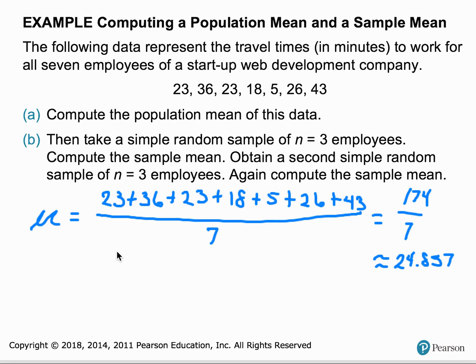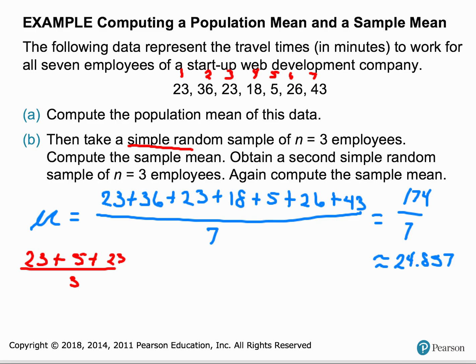Okay, and we have 7 values to choose from. Let's label these 1, 2, 3, 4, 5, 6, 7. The first random number it came up with was 3. So our first random sample I'm going to do in red. I'm going to use 23 plus the 5th one, 5, and then the first one, 23, and divide by 3.